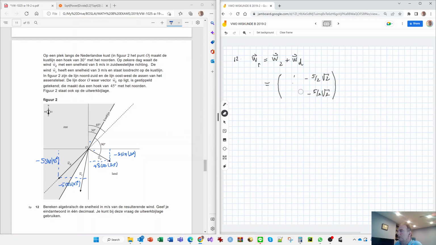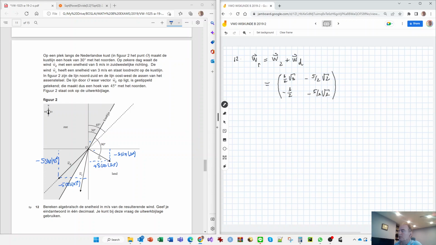The x coordinate is 3 times the cosine, so 3/2 square root of 3, and then this is minus 3/2.